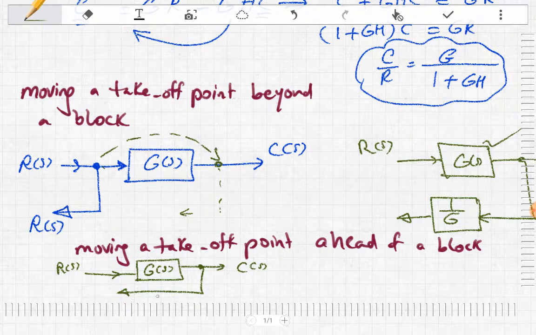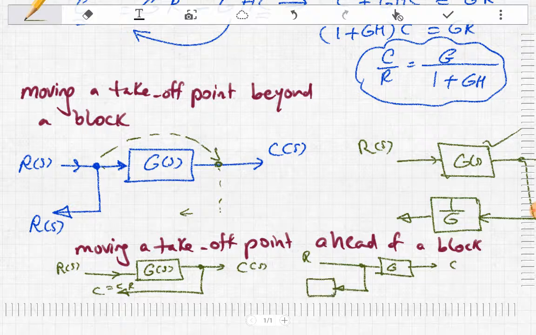So what's the output here? C, right? Which is equal G times R. Okay. What about if you want to move this point back? So let's sketch it as it is. This is G. I got here C, and this is the move here. This is R times G is equal C. C is equal G R. That's fine. But this one is R. It was not R. It was multiplied by G. That's it.